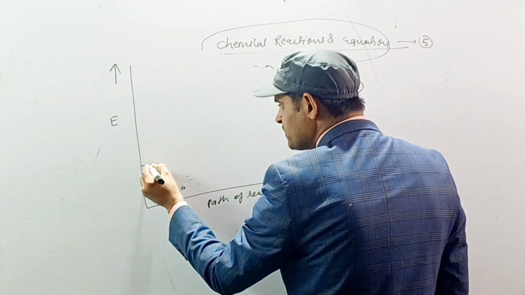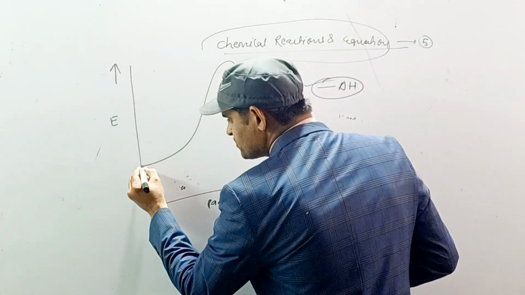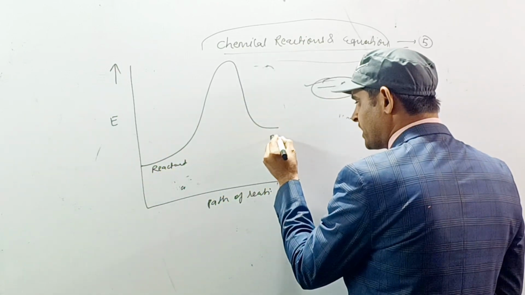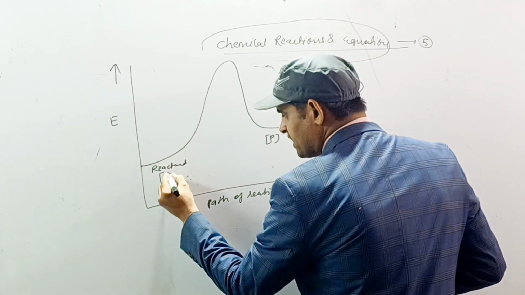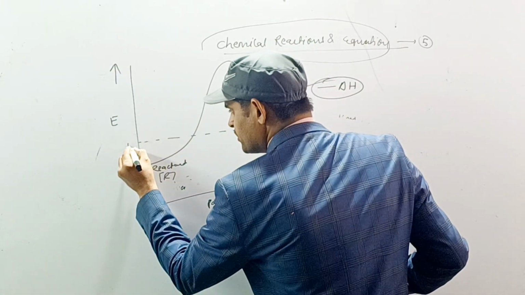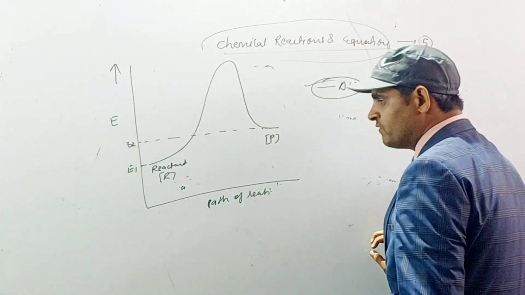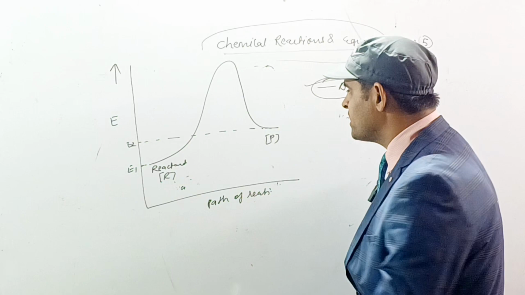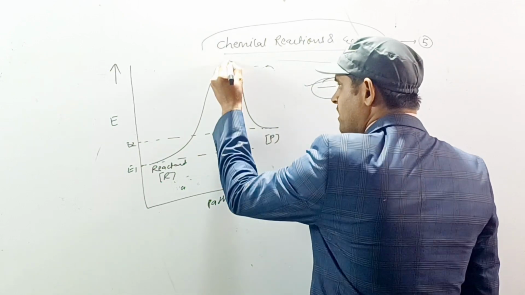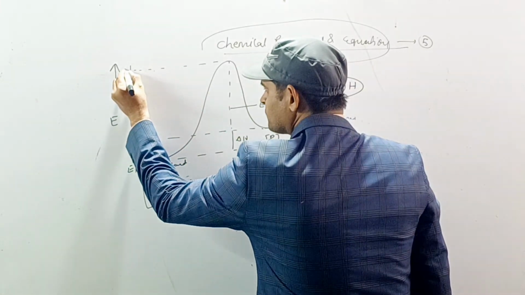This is the reactant R and this is the product P, this is the energy level E2, this is the energy level E1, and this is the gap, del H. And this is the activation energy, and this is the threshold energy.